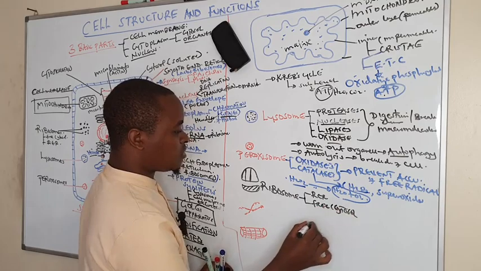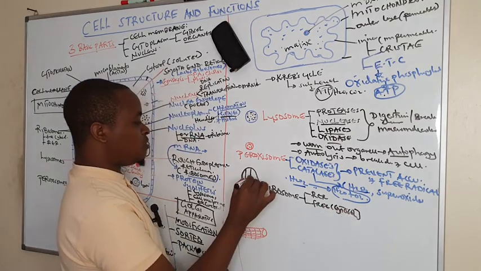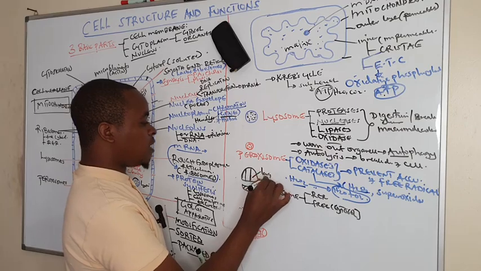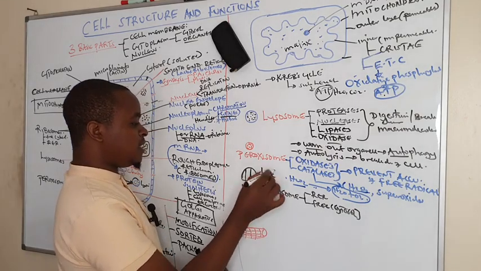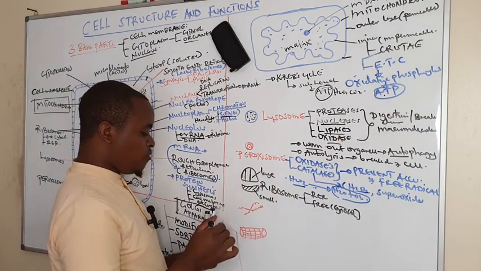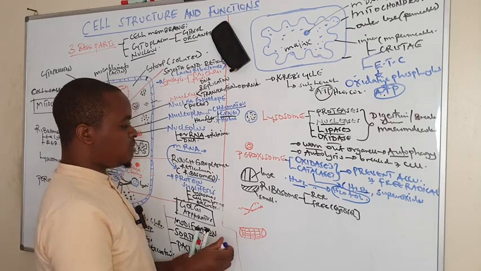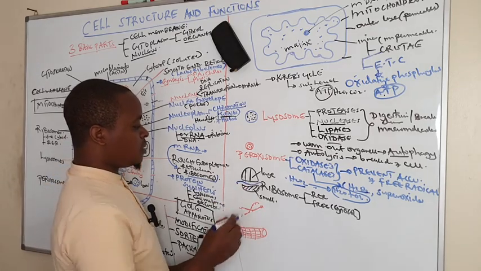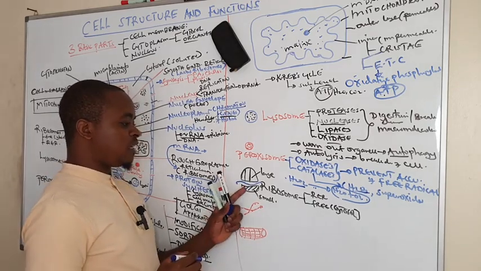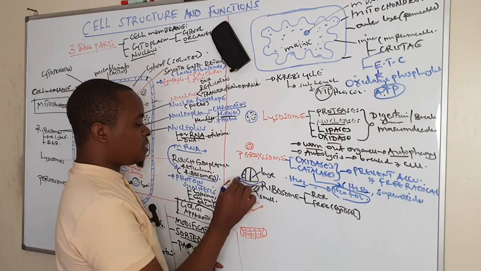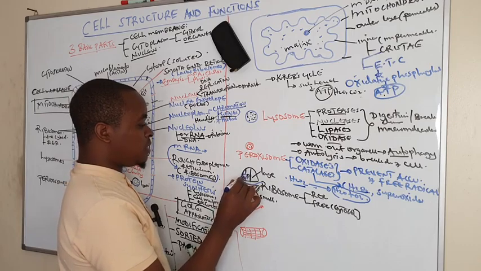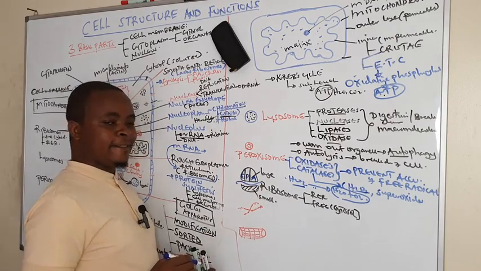The ribosome has what we call a large subunit and a small subunit. When the nucleus produces messenger RNAs, they come and bind to the ribosome, which acts as the machinery, whereby we have the exit site, the P site, and the A site.